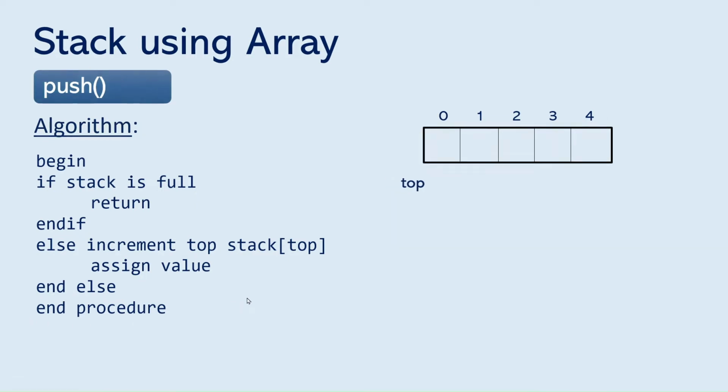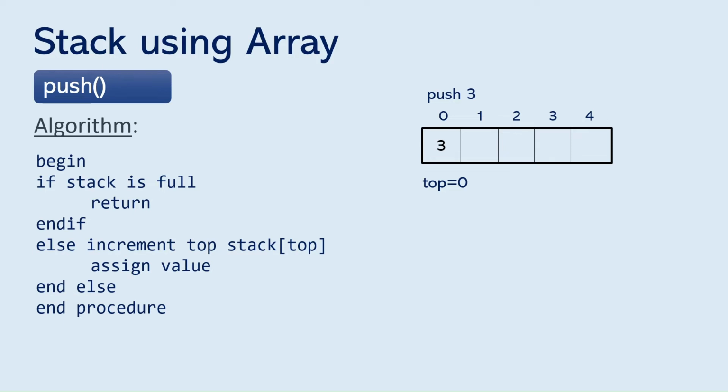So let's see how that works. So now we are trying to push 3. Now we incremented the top from -1 to 0, and we assigned the value of 3 to stack of top, which is stack of 0.